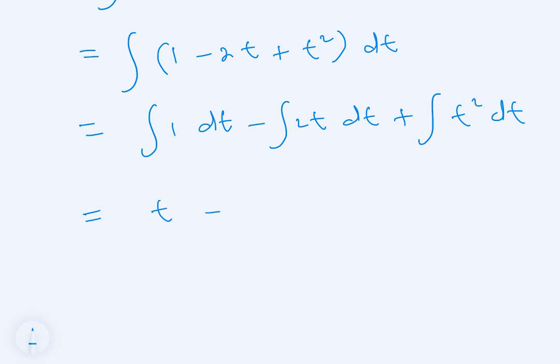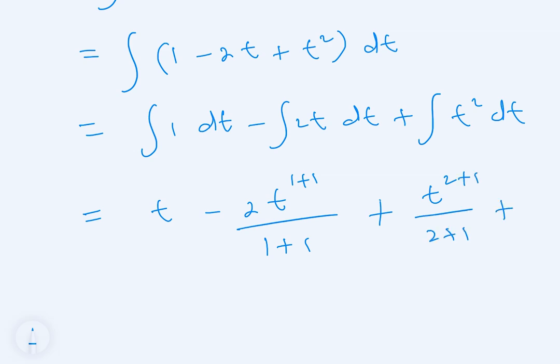We minus 2t to the power of 1 plus 1 divided by 1 plus 1. We apply the power function formula, and we get plus t to the power 2 plus 1 over 2 plus 1, plus our arbitrary constant c.